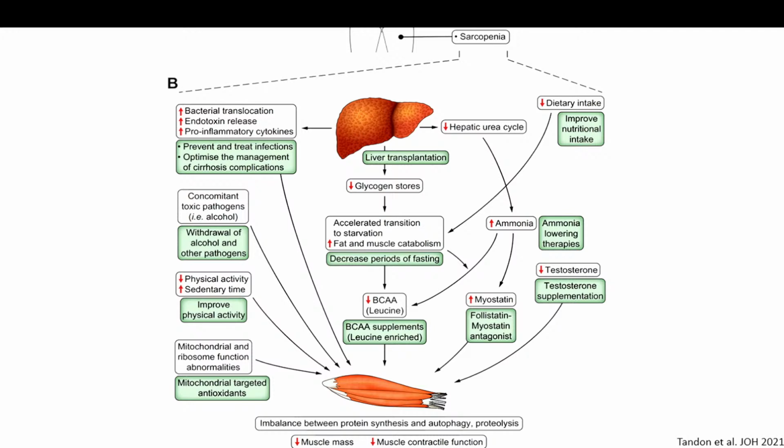Or does incremental improvement in sarcopenia in a patient with a high MELD score lead to any kind of outcome improvement? That is something which needs to be seen. And these are all drugs which have been used, like the ammonia lowering agents used in patients who have MHE or HE, and the other things. All these myostatin antagonists are still in the pipeline, in animal studies. We still need more data in humans.